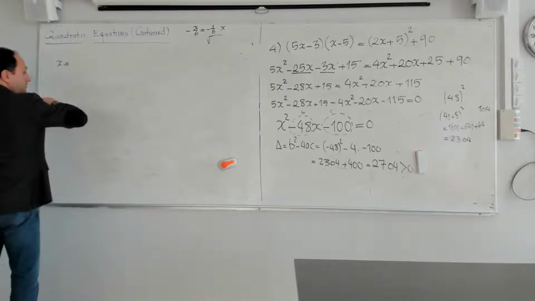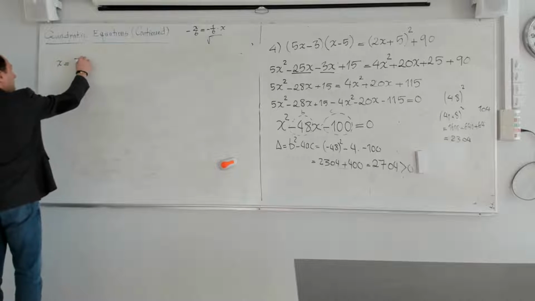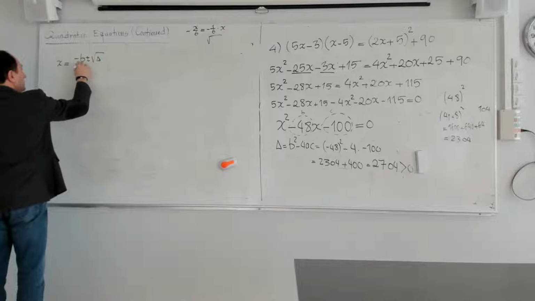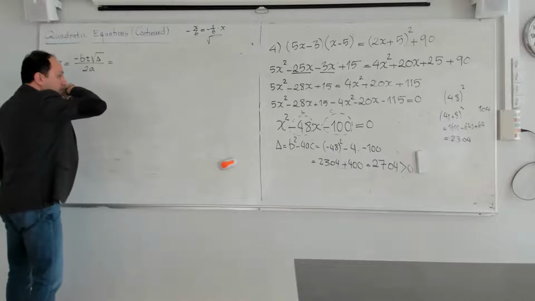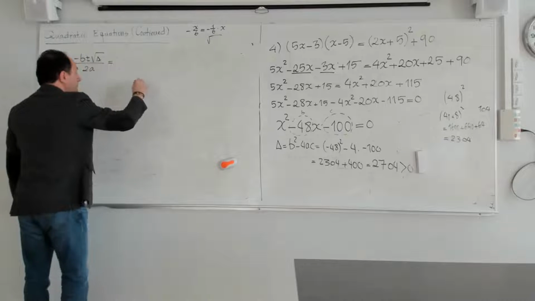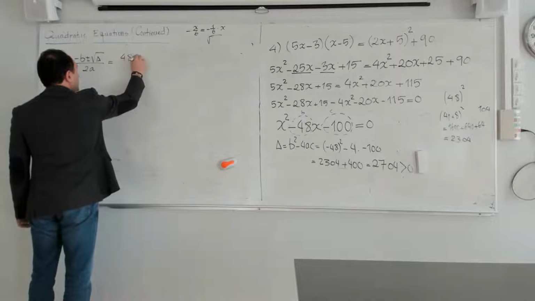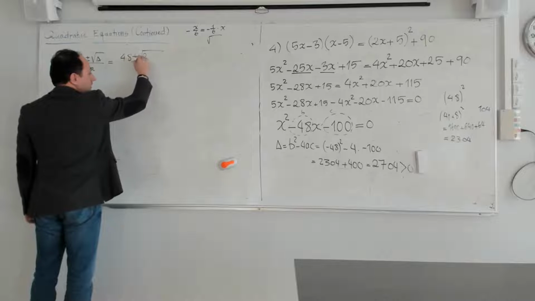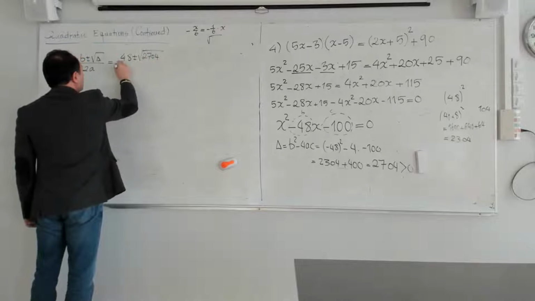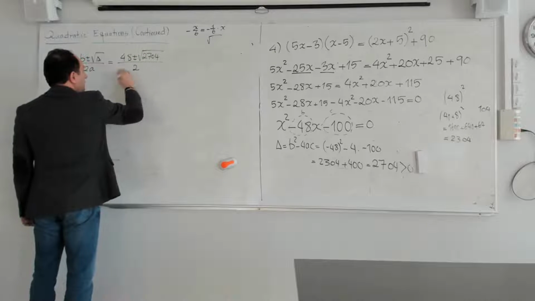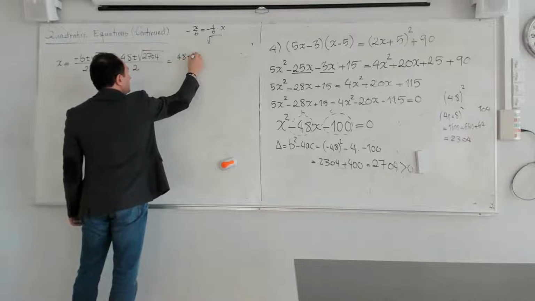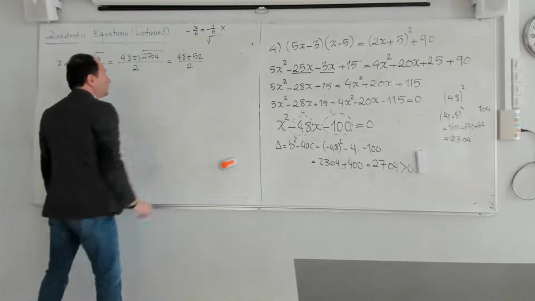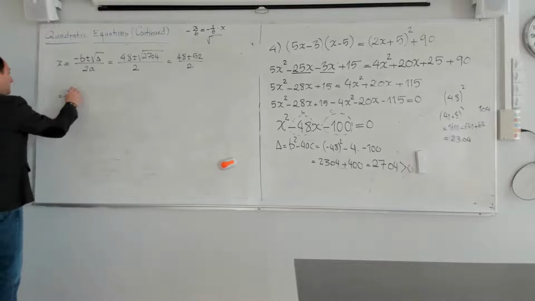X becomes equal to, I would write minus b plus or minus the square root of delta divided by 2a. So it is minus b is 48 plus or minus the square root of that number, 2 times a. So this is 52, as you said. And then I have two answers, yes?